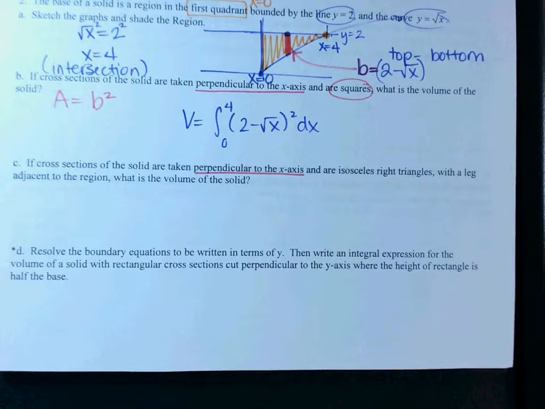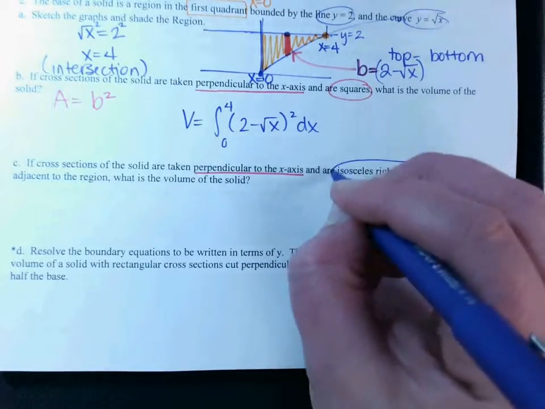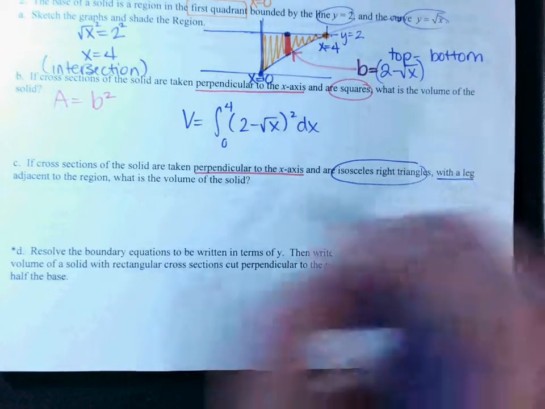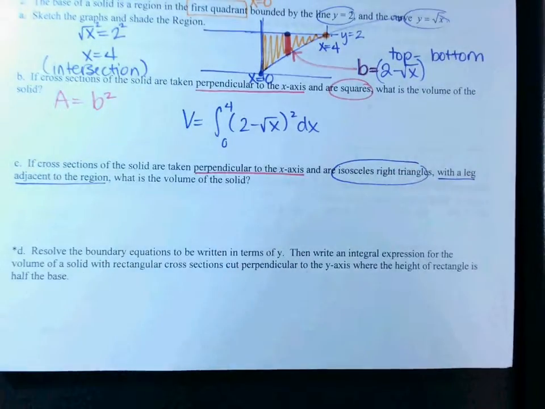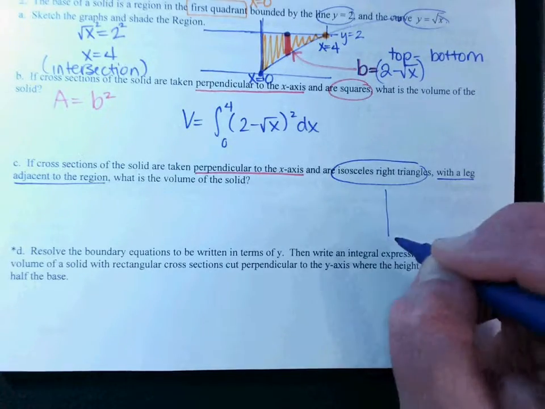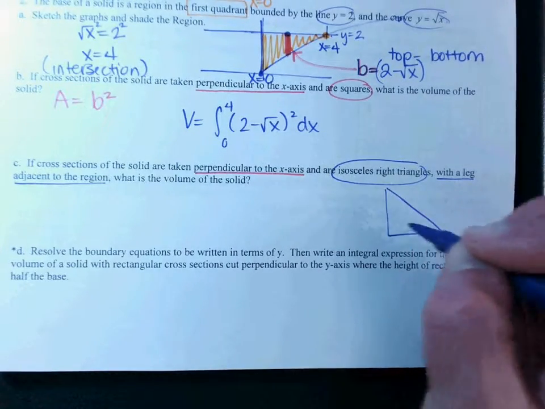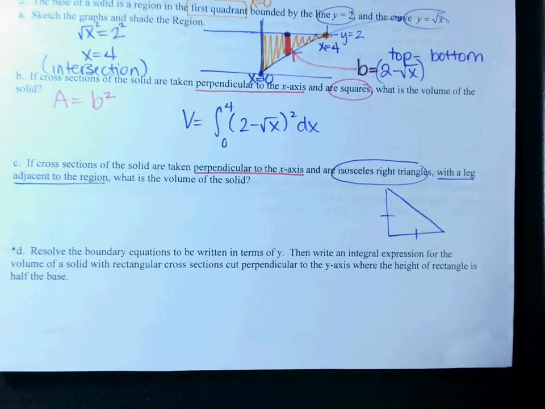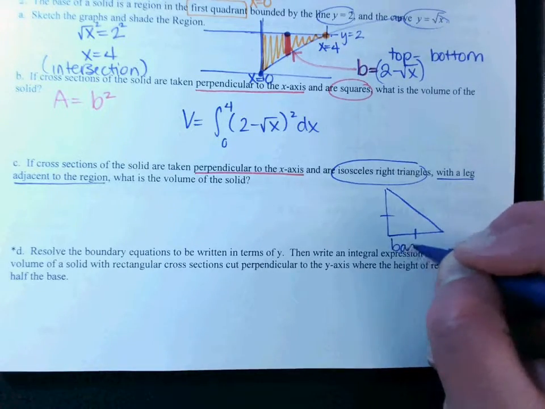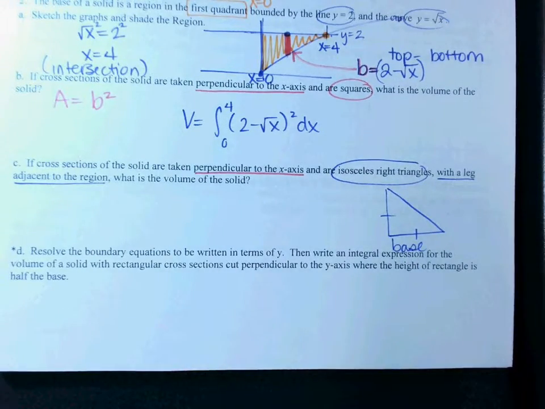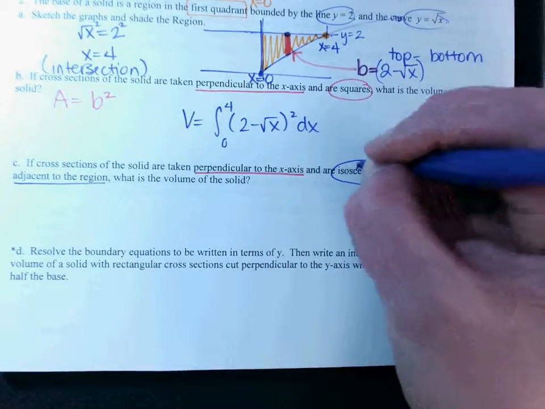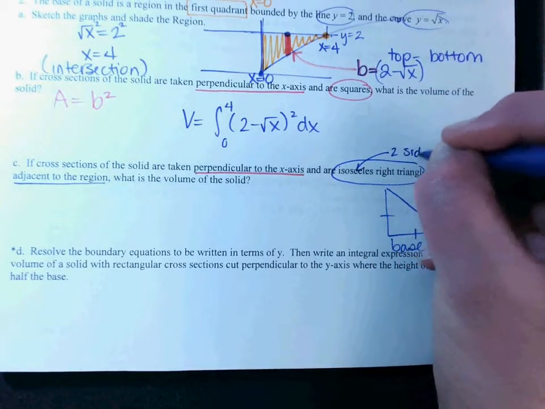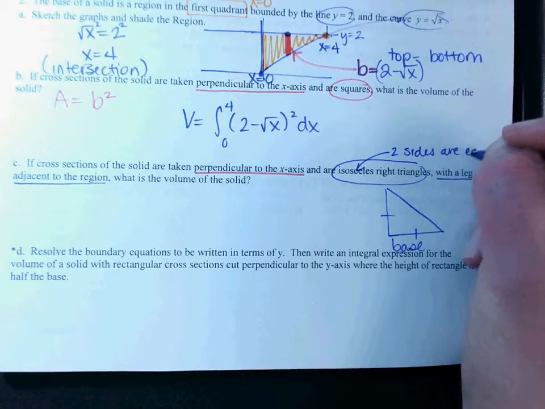Part C says that they're isosceles right triangles, but your leg is adjacent to the region. So that means that my isosceles right triangle, these two sides match. Now remember, this is my base. Well, if it's isosceles, that means that 2 of my sides are equal.